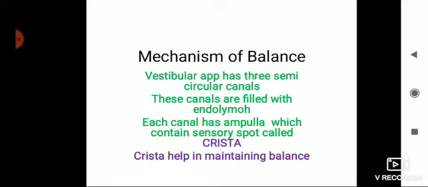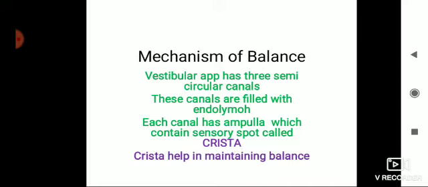And again the membrane has a sensory spot called the macula, which contains calcium carbonate and protein. This macula and crista are the receptors sensitive to the position of the head with respect to gravity.